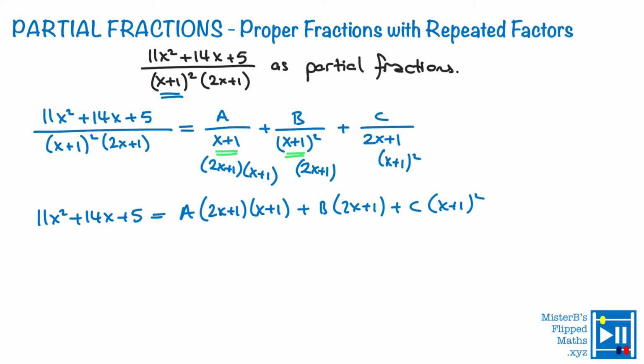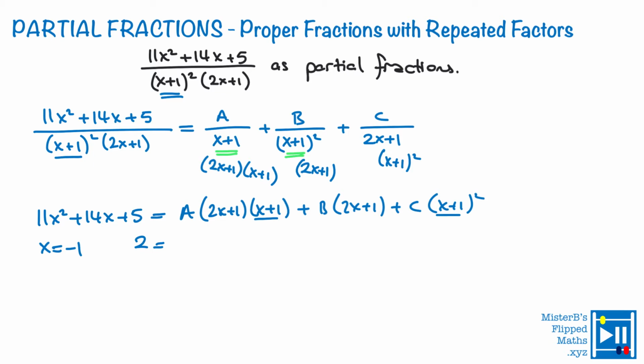So we can start by substituting x equals -1, which is the root of this factor. If I do so, I can calculate the left-hand side being 2, and on the right-hand side, you can see that the first term and the third term include x plus 1.